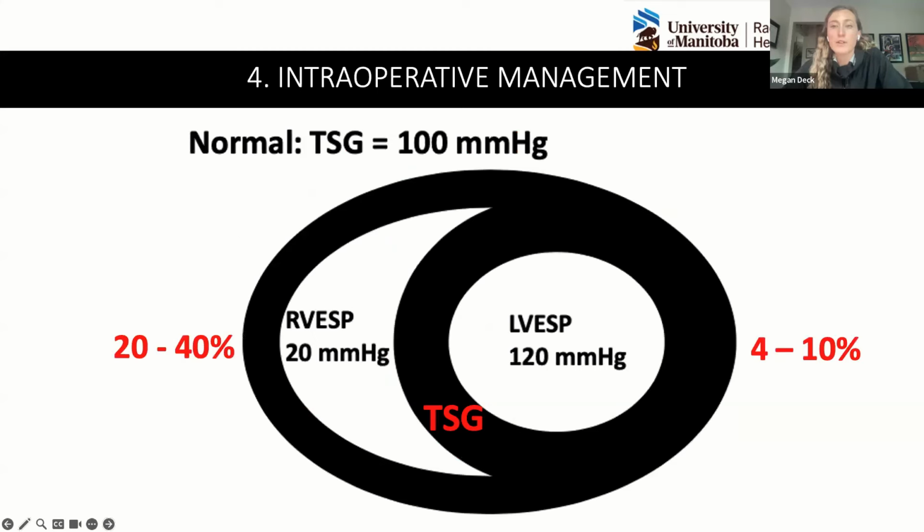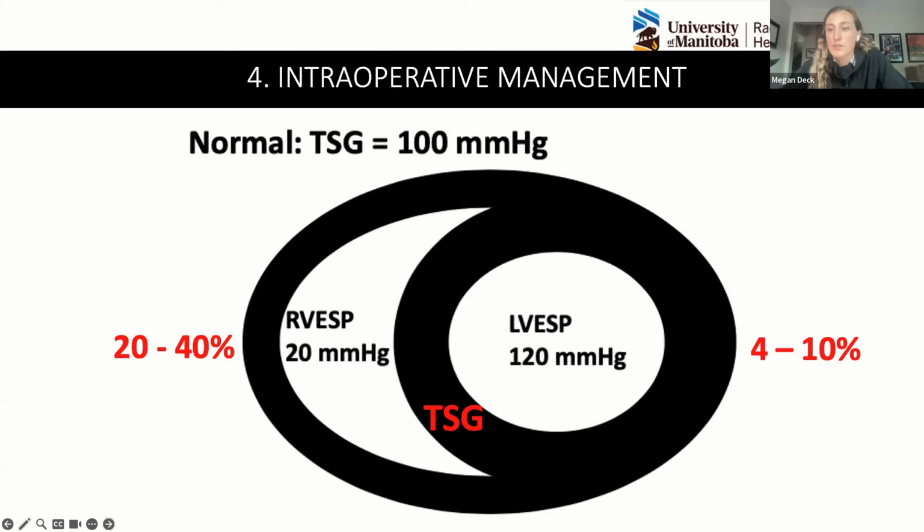Furthermore, and pivotal to the understanding of RV function under normal and abnormal conditions is the concept of ventricular interdependence. Ventricular interdependence suggests that forces are transmitted from one ventricle to the other through the myocardium and pericardium. Thus, the higher intracavitary pressure of the LV is transmitted through the septum to the RV. The pressure difference between these two chambers is termed the transseptal gradient.